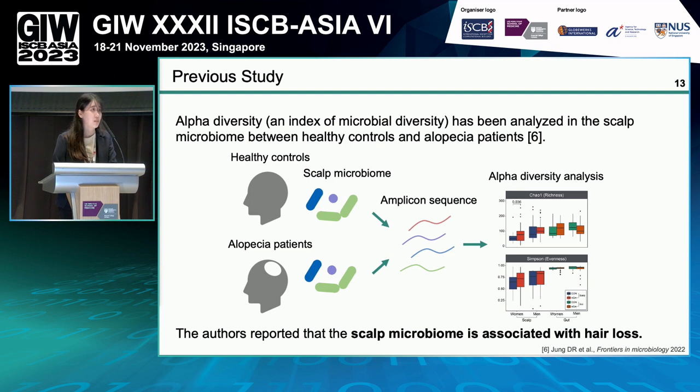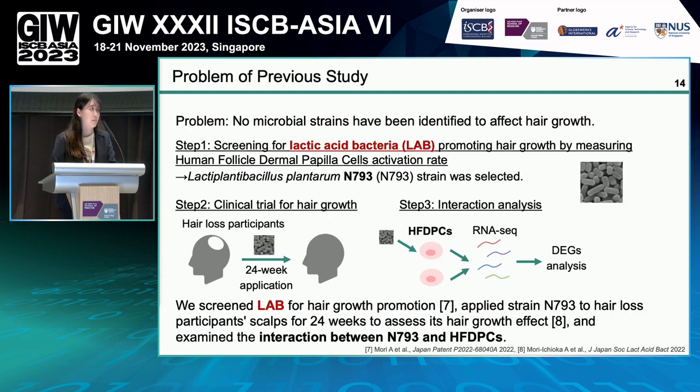The author reported that the scalp microbiome is associated with hair loss. The problem of previous study is that no microbial strains have been identified to affect hair growth. Therefore, we screened lactic acid bacteria for hair growth promotion.